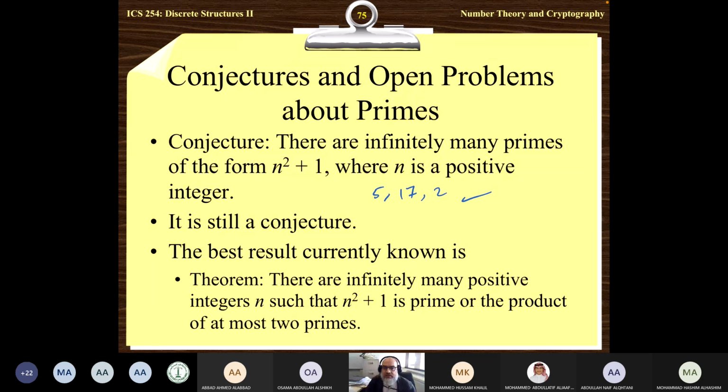So these are three such examples. Note that this is also still a conjecture. If you prove any one of these, you will become very famous.